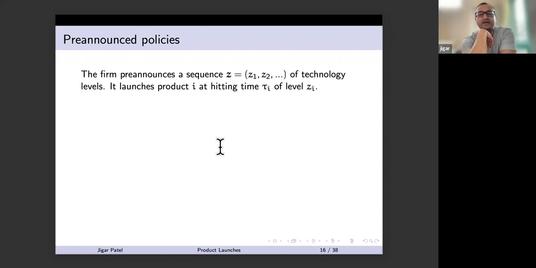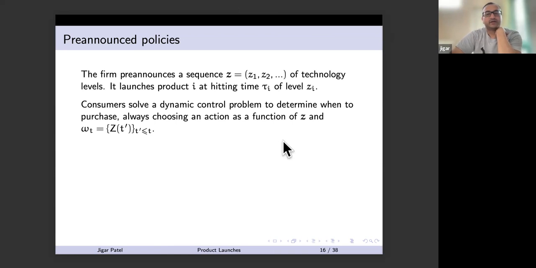It launches a product i at hitting time tau i of level Zi. So whenever the Brownian hits level Z1, they launch the product. Whenever the Brownian hits the level Z2, they launch the product, and so on. And remember, this is a Brownian with positive drift. We are going to hit all these levels, right? This is an increasing sequence of real numbers, and we are going to hit all of these at some point in time. And those are the times tau i.